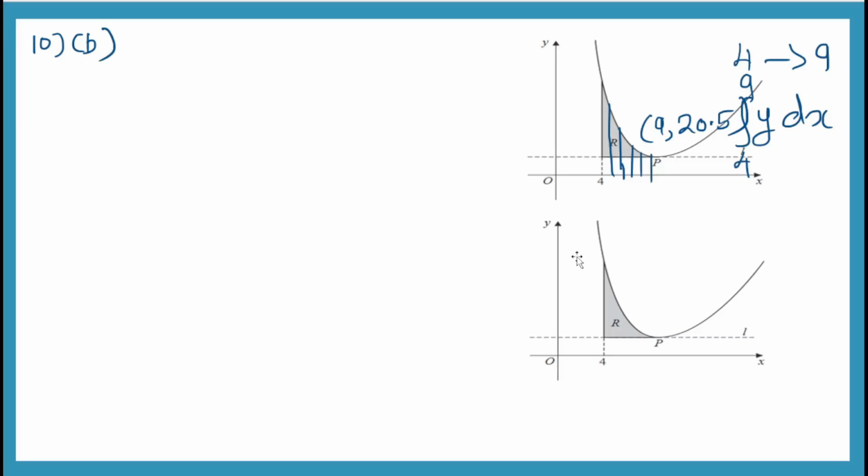Now area of shaded region is given by area under the curve minus area of this rectangular region.